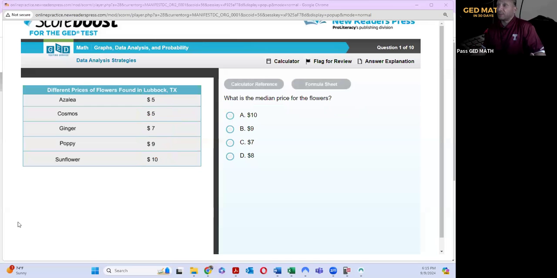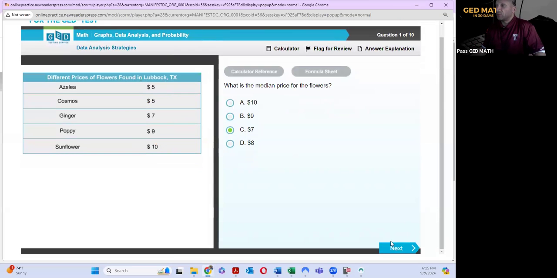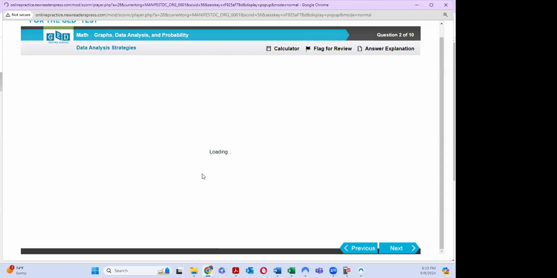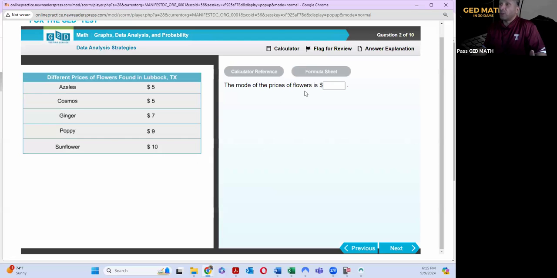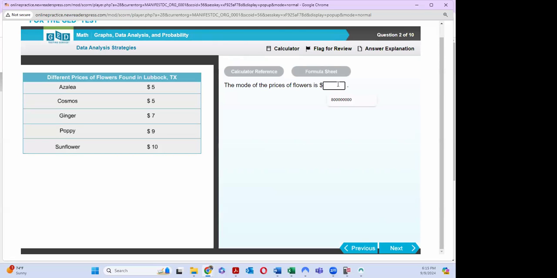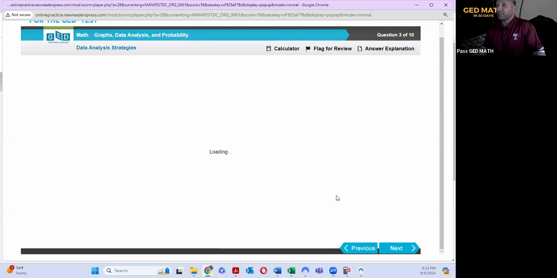So what I like about this is, you hit your 7, you go to the next question. It says the mode of the price of flowers is what? What number appears the most? Five. Nice and easy. It's not difficult.